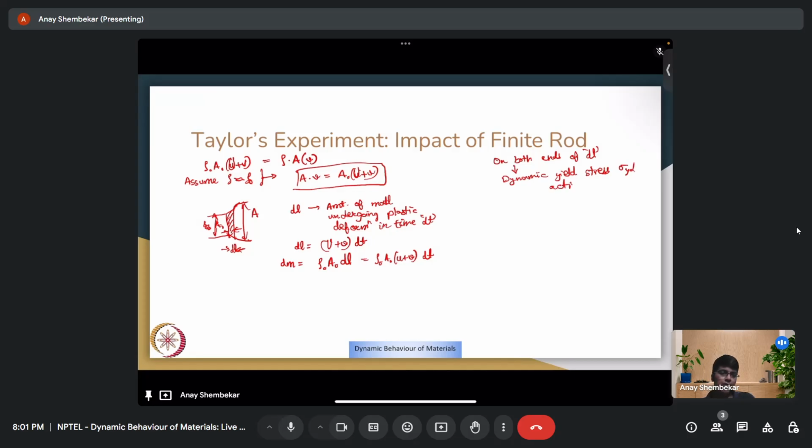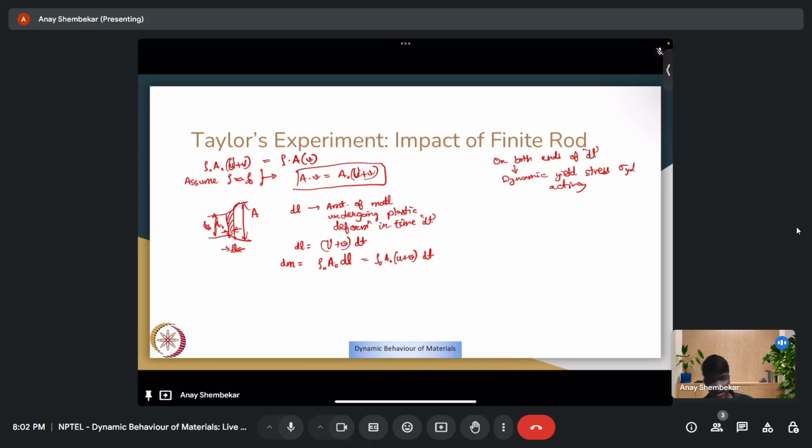So these Taylor's experiments were conducted specifically to understand what dynamic yield stress a material has, and what sort of impact velocity the rod goes with, and based on these two factors, what amount of total deformation you see in the material, which is quantified using the strain term.